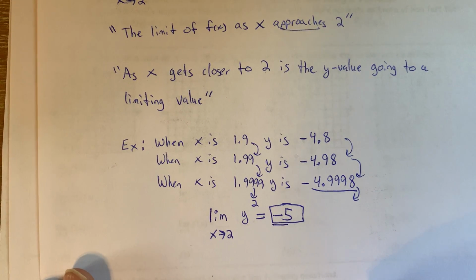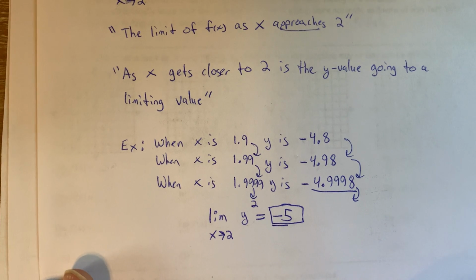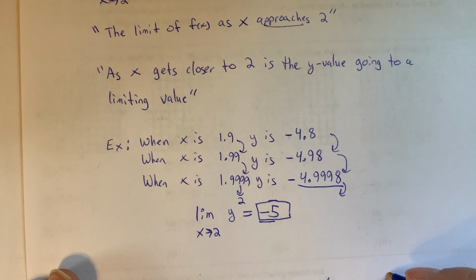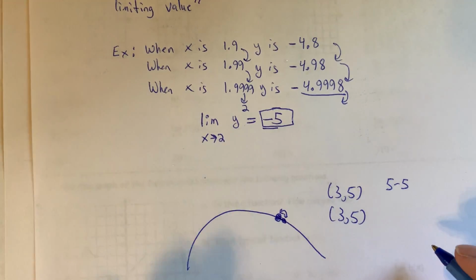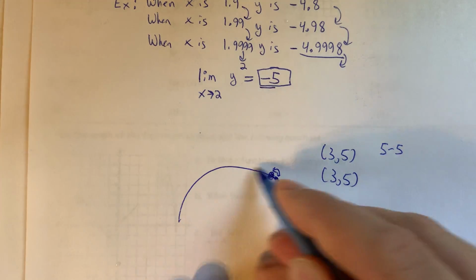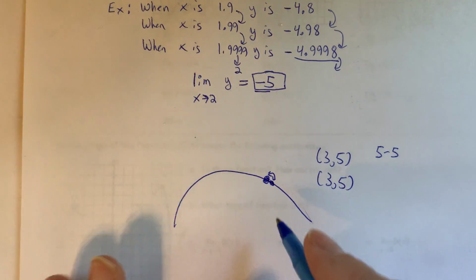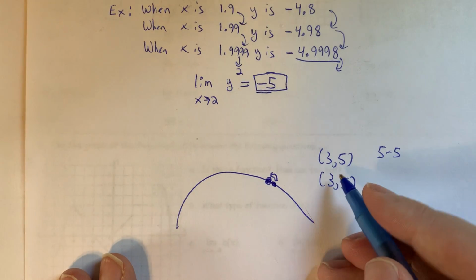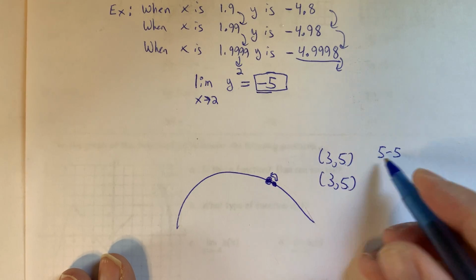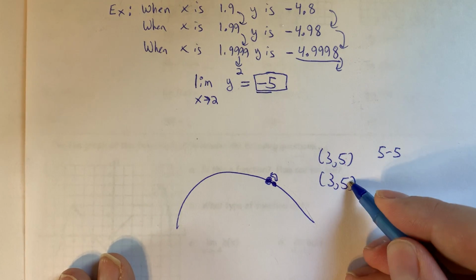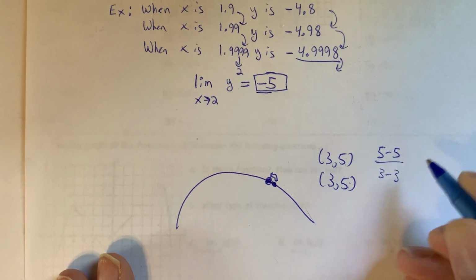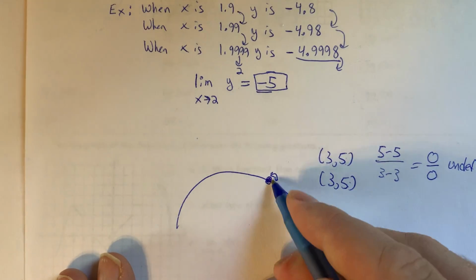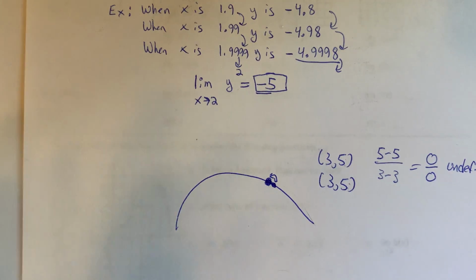In our lesson from last class, we talked about how we want to get two points close together, but we're not actually allowed to use points that are right on top of each other, because if we have two points that are exactly the same and we try to do the slope, we'll do y2 minus y1 divided by x2 minus x1, and we'll get 0 divided by 0, which is undefined. And so we don't actually know the slope between a point and itself. That doesn't make any sense.